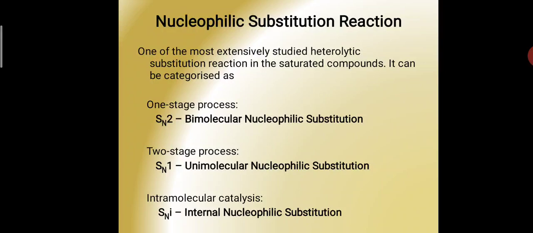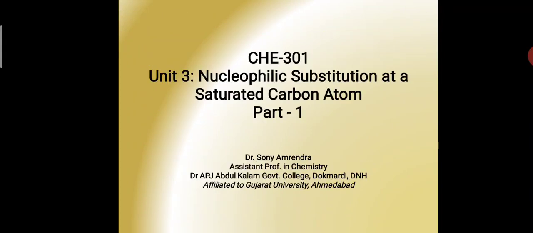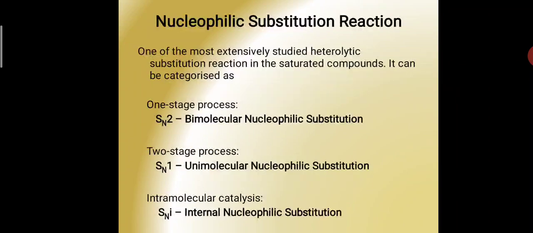So nucleophilic substitution reaction means substitution of nucleophile in a particular reaction. This is one of the most extensively studied heterolytic type of reaction. Now, what do you mean by heterolytic? Suppose I break a bond, for example, CC bond, and if there is not equal distribution of electrons between both the atoms, then that would be called heterolytic cleavage.